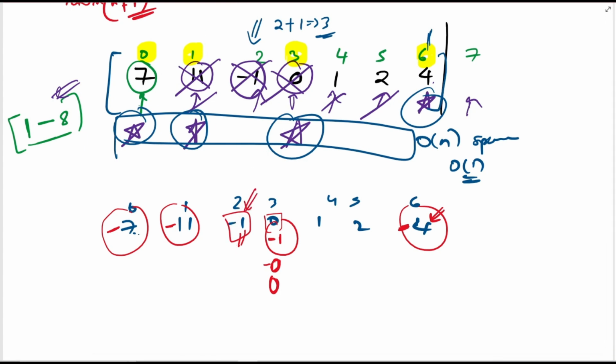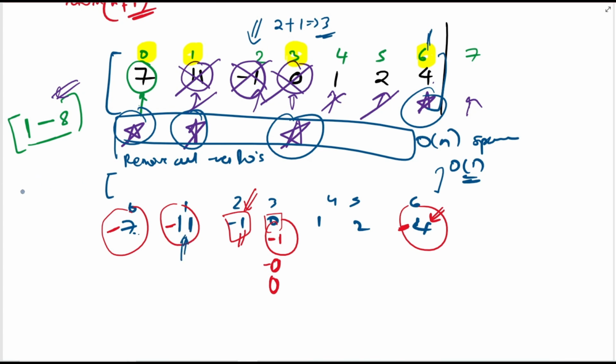So what we will do is pre-process this array. We will remove all the negatives and zeros, but we have to replace them with a certain value. If you saw, this 11 did not have any problem being there. Why?